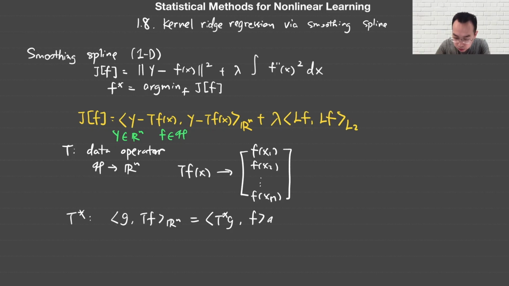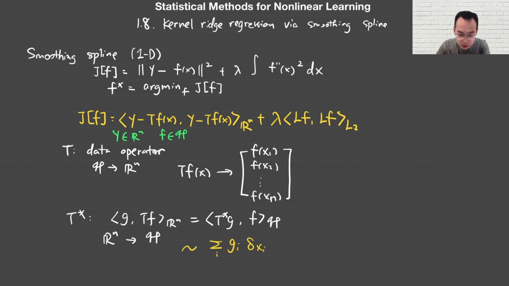It takes place in the space of H. So that means T star maps the finite vector in Rn to function space H. So what is the form of the T star? The easiest way we can think about it is that it just behaves like a sum of delta functions, right? So it's going to be the sum of g_i times delta at x_i.